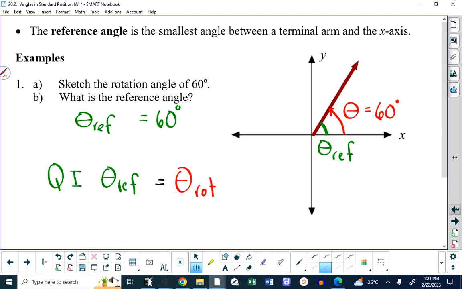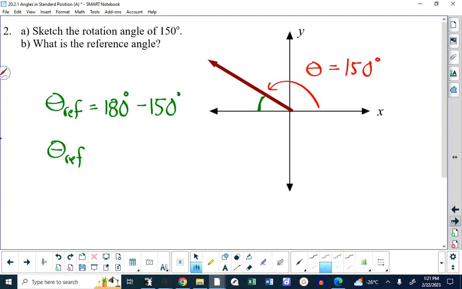Always. Is this always going to be true if the terminal arm lies in quadrant 2? Why not?